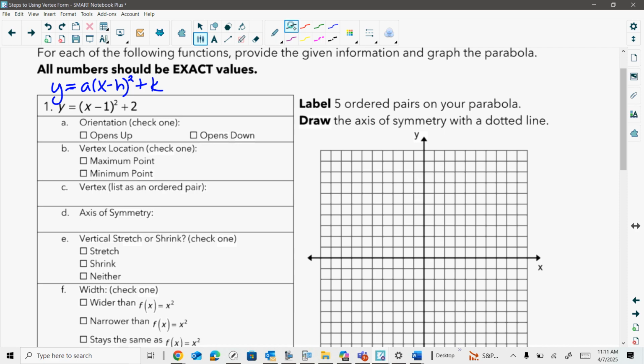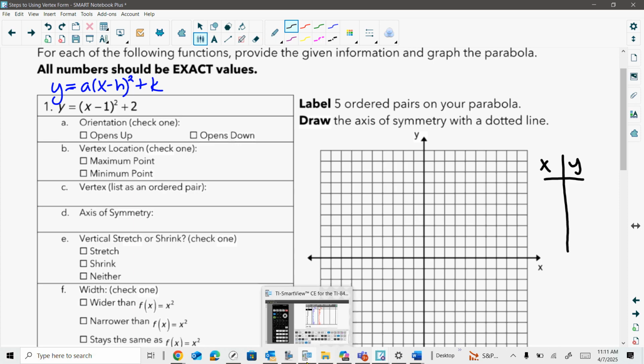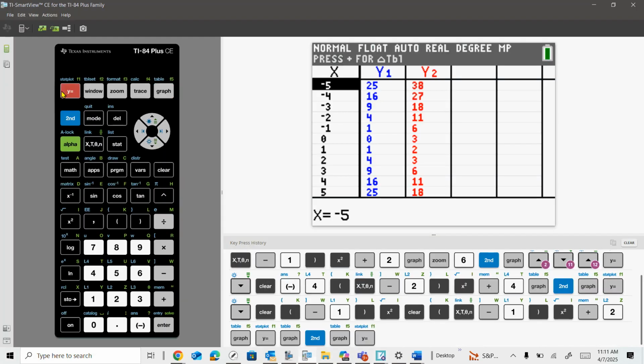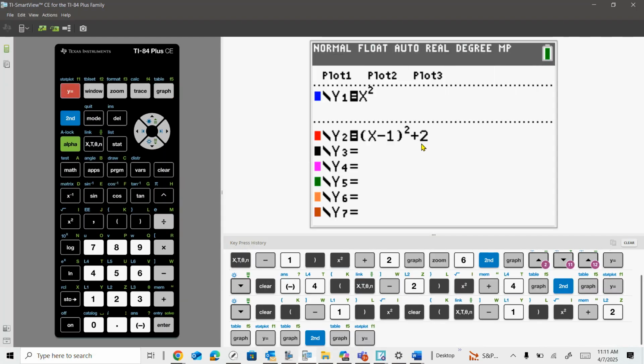And in order to do that, we're going to have to create a table here to the left, x, y. And we can type this equation in the calculator. If you go to y equals, mine is already in there. Yours might be in there too. I put the parent function as x squared.